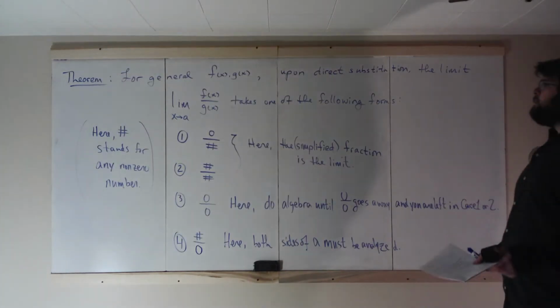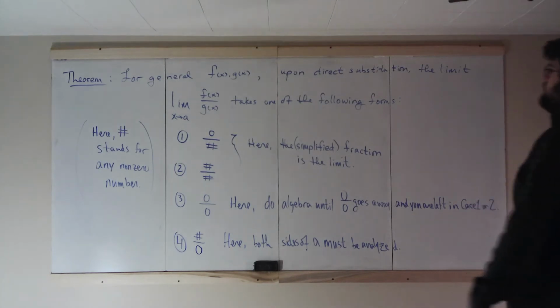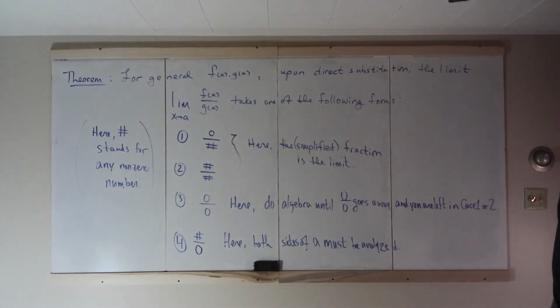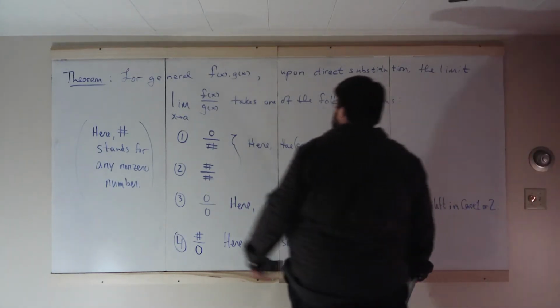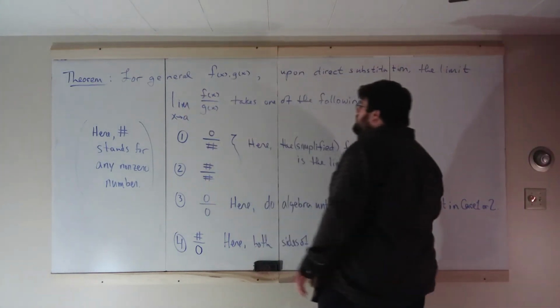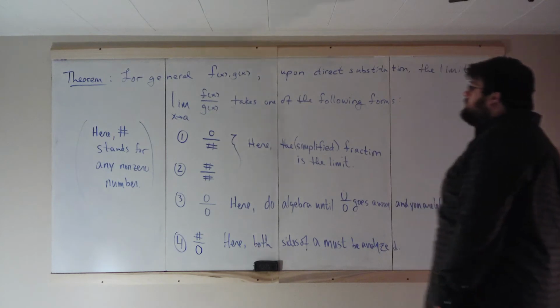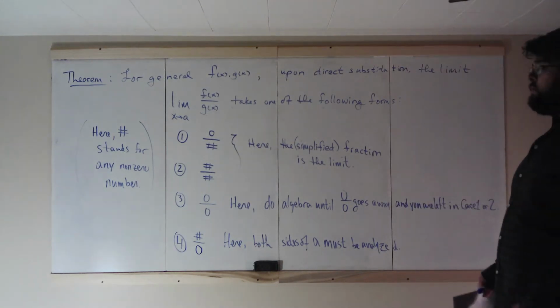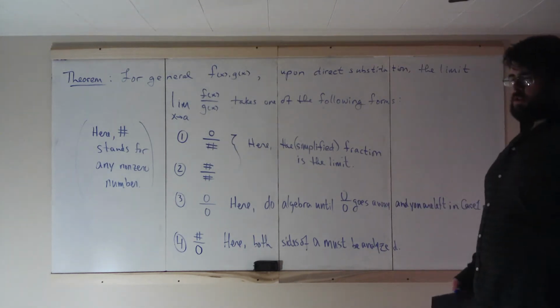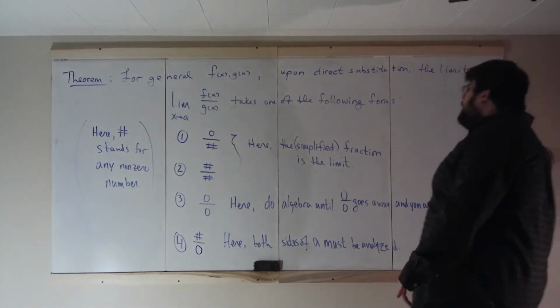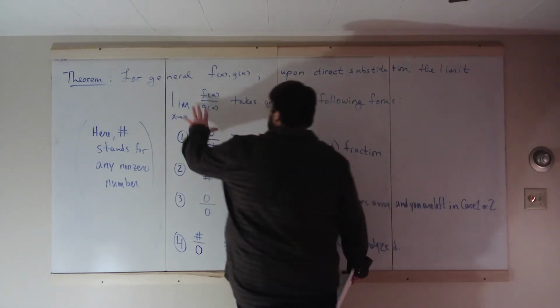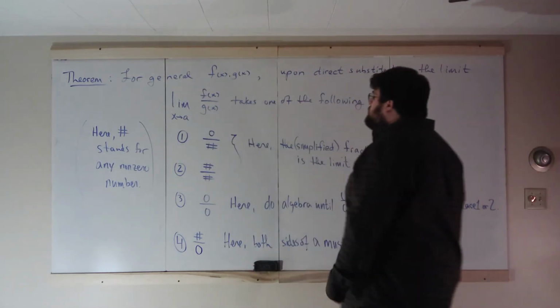And here we have this theorem. For general f of x and g of x, upon direct substitution, the limit as x approaches a of f of x over g of x. So we have a quotient. g of x could be 1, so this could just be a polynomial. But in general, we have the limit of this quotient as x approaches a.